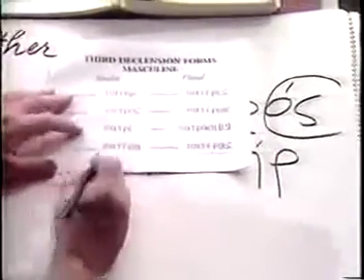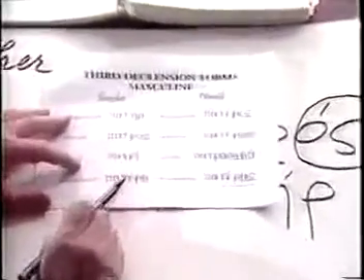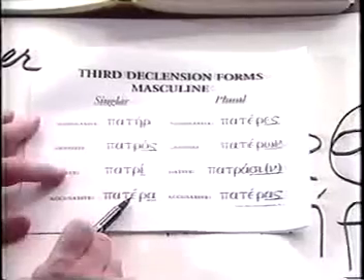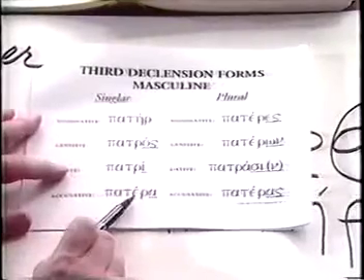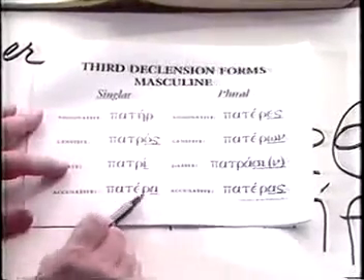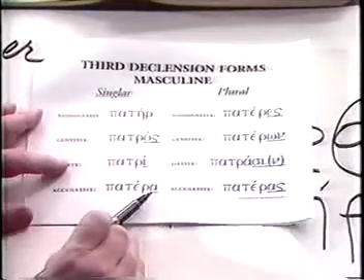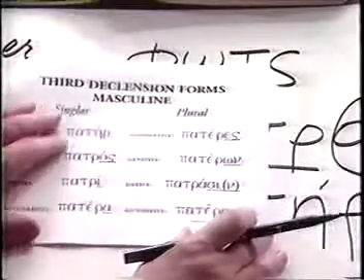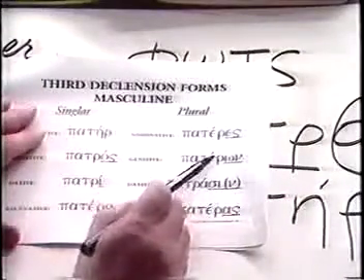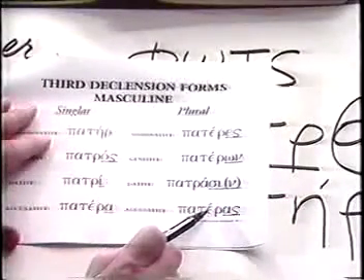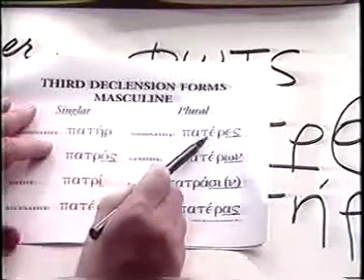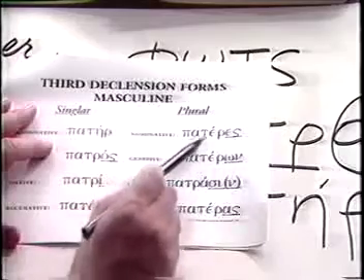Look at the singular accusative. The singular accusative has done the same thing. It has also added an E there for pronunciation. So we have the word patera, with the alpha as your singular accusative ending. Notice how that E is also added in some of the other forms as well. In the plural nominative, we have pateres.